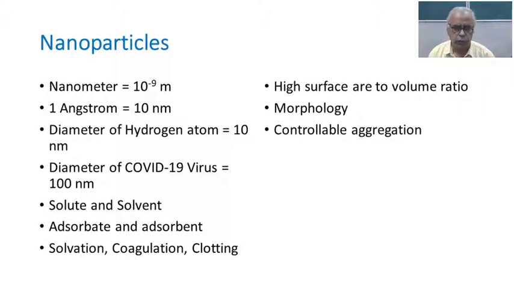Similarly, in an emulsion, we call it micelle formation. So when you find a grease particle or a dirt particle on cloth, it cannot be easily washed away. So what we do is add a soap solution so that we are able to get the emulsion.